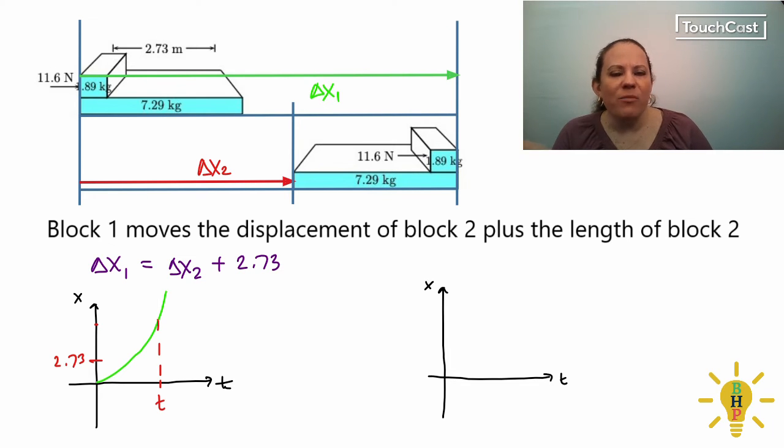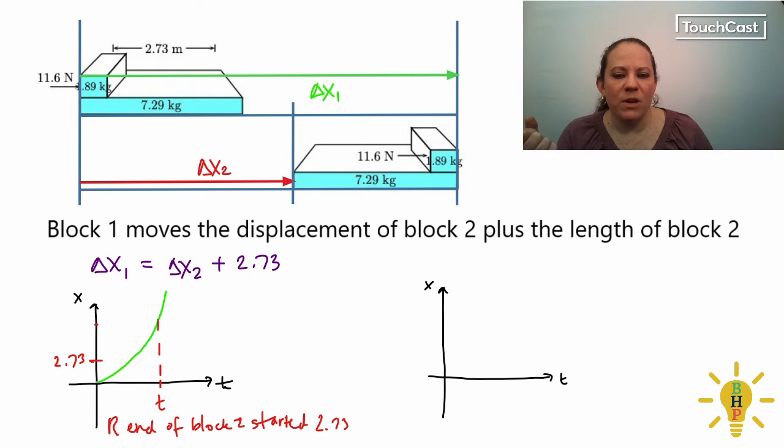The right end of my block started 2.73 meters to the right of the starting point of the small block. So let me write that. Right end of block 2 started 2.73 meters to the right of block 1's ending point.